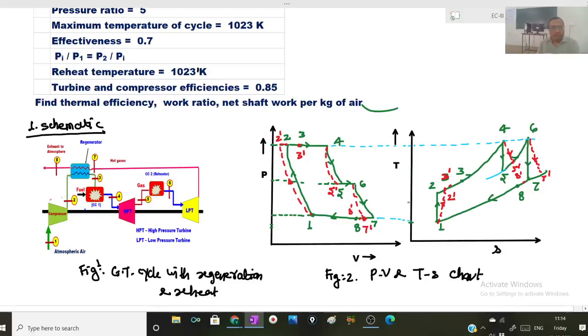So 1 to 2 is isentropic compression. On PV and TS chart, the cycle shown in green color represents the ideal cycle, whereas the red dotted line represents the actual cycle.